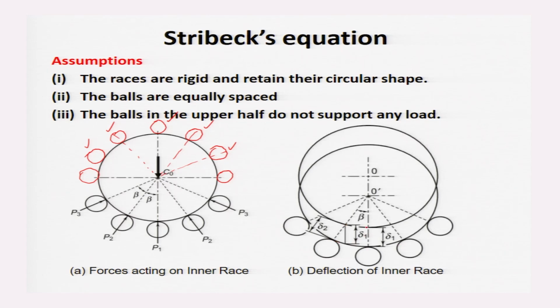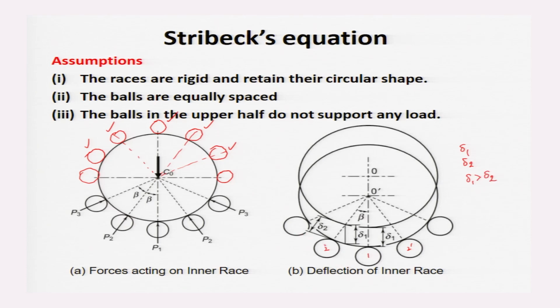So, this deformation is delta 1, this is delta 2 and delta 3. The deformation in the heavily stressed ball 1 is delta 1. On the adjacent two balls 2 and 2 dash, the deformation in the ball is delta 2, and it is clear that delta 1 will be greater than delta 2.